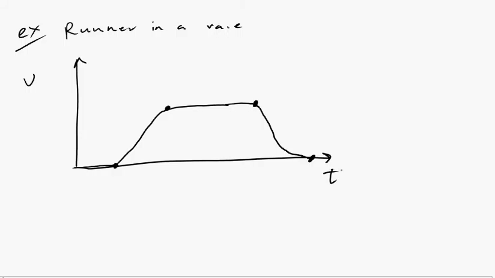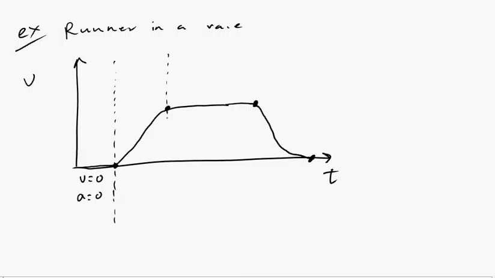Between the beginning of the graph and this point, the velocity is 0. The race hasn't started. He or she is standing at the starting line. So acceleration is 0 too, because we haven't started getting faster or slower at all.